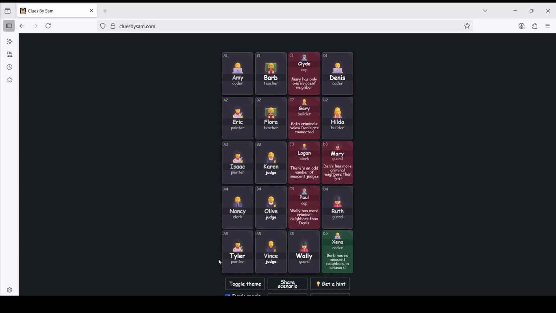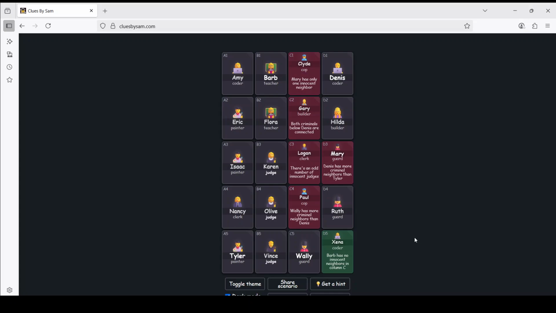And then let's see, Wally has more criminal neighbors than Dennis. So right now, Wally has one revealed criminal neighbor and one revealed innocent neighbor out of 5 total neighbors. So, in theory, Wally could have a total of 4 criminal neighbors.